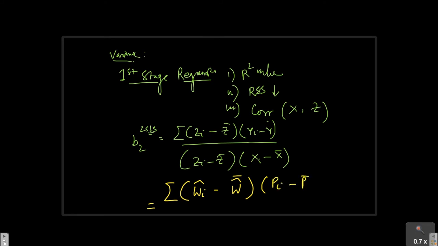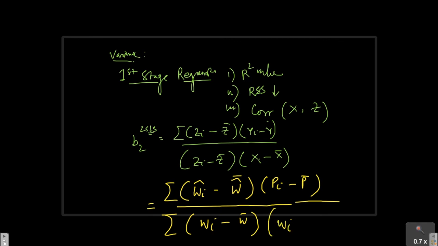That's the numerator. And in the denominator, what am I going to have? My Xi is Wi here, so I'll write Wi minus W bar. This is for X. And for Z, I'm going to write Wi estimated minus W estimated bar. So this is what the beta 2SLS is going to look like.